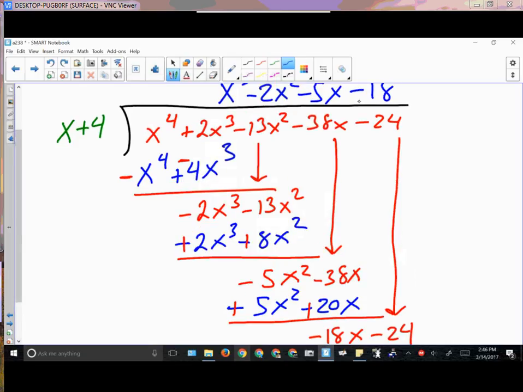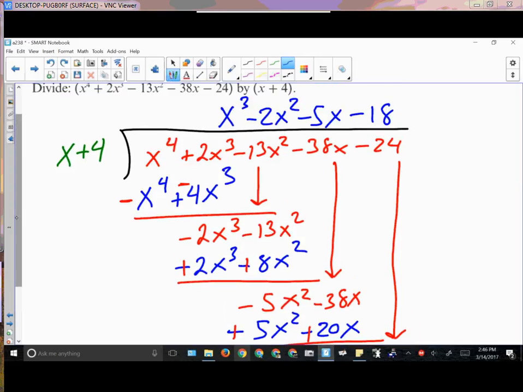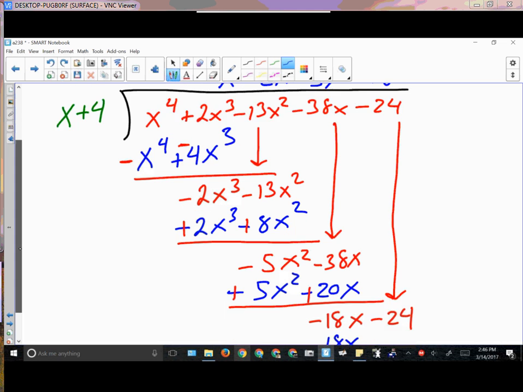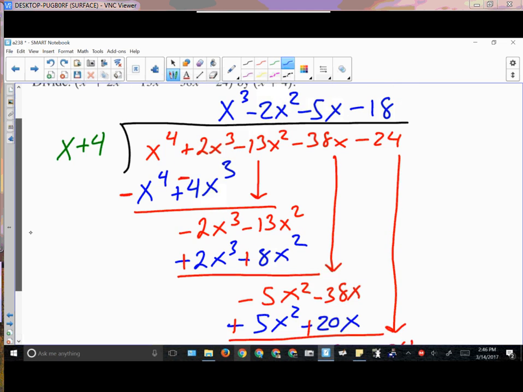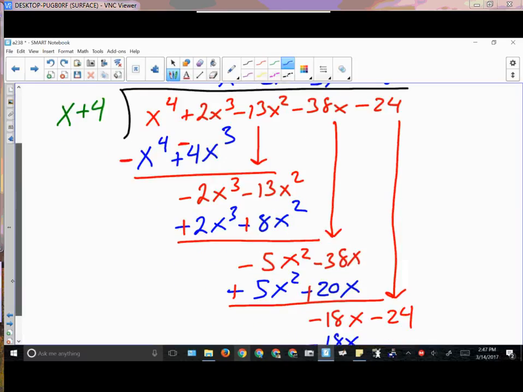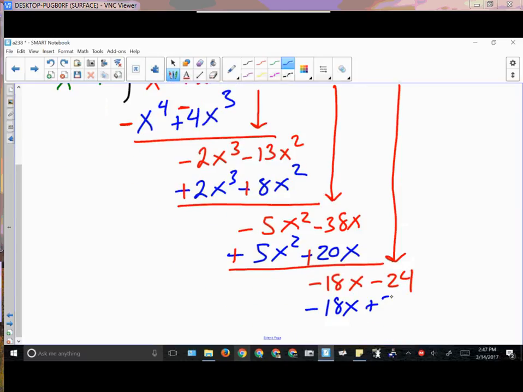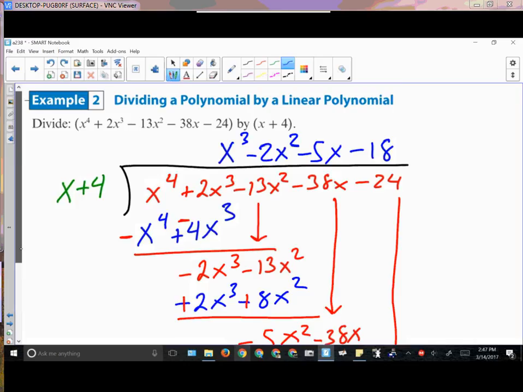Negative 18 times 4 gives me what? 76, you say? 72. But that is going to be a negative times a positive, so that turns out to be plus 72. Negative, sorry. Getting ahead of myself.